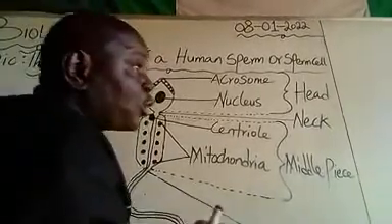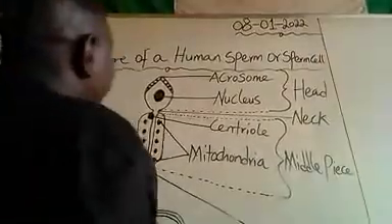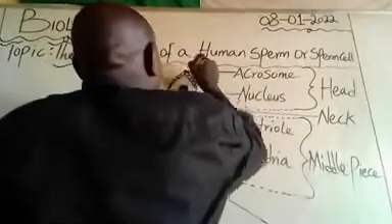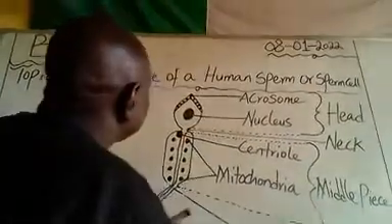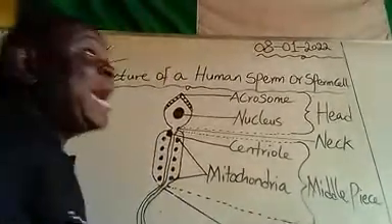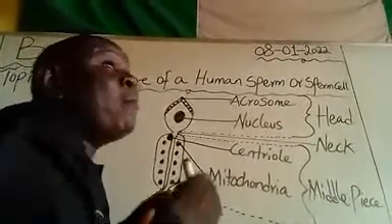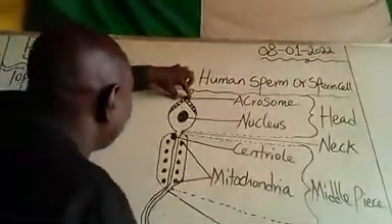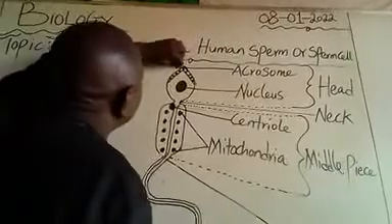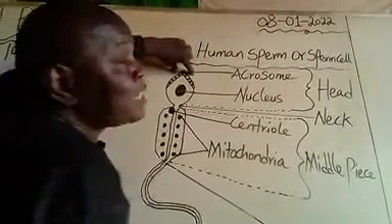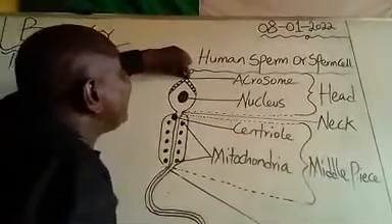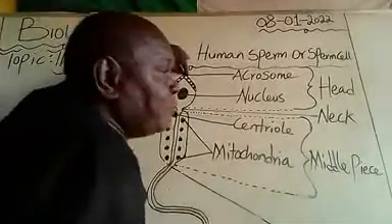Acrosome is a structure at the end of the head of human sperm. Look at the end here.